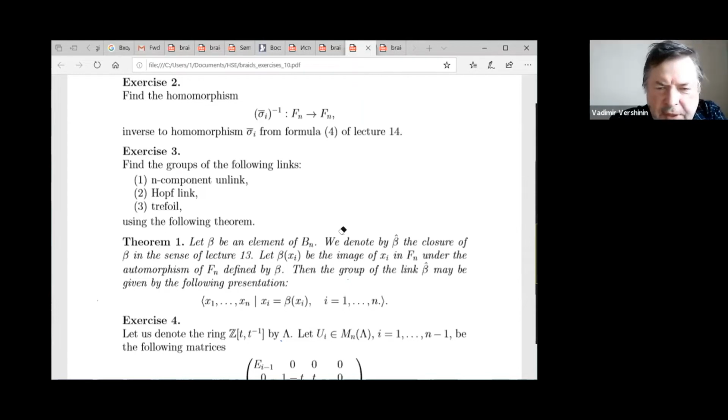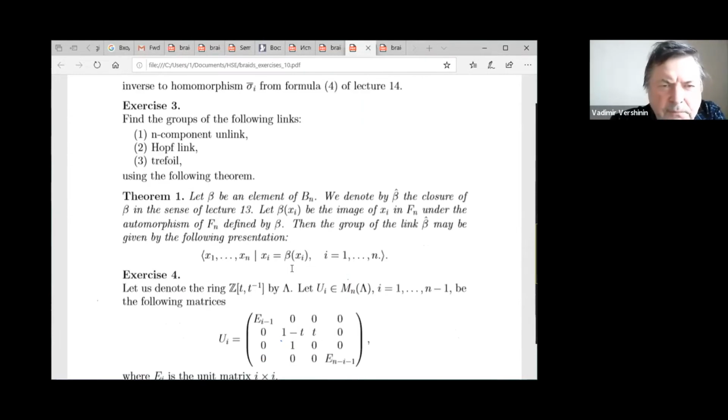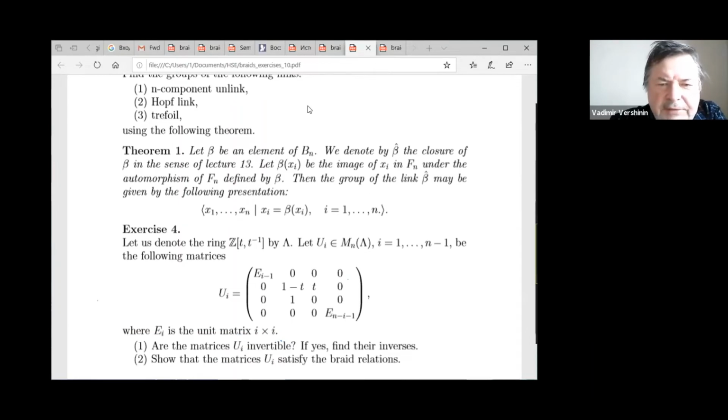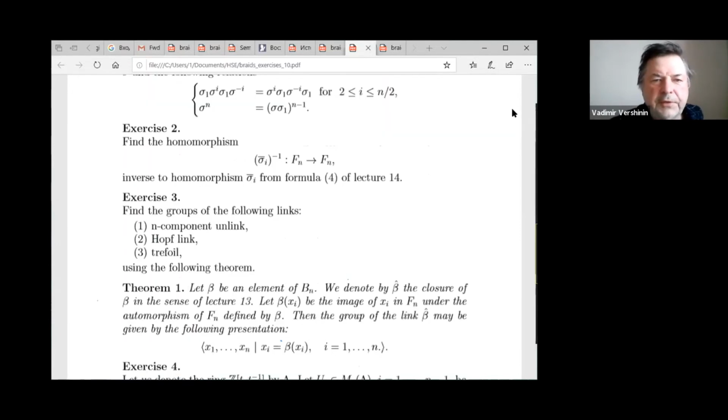Today is the day of braid relations. I'm stupid that I erased this. Anyway, so trefoil. What braid should we take?